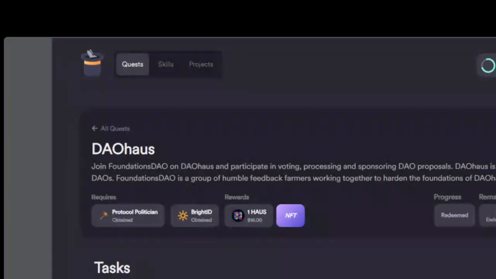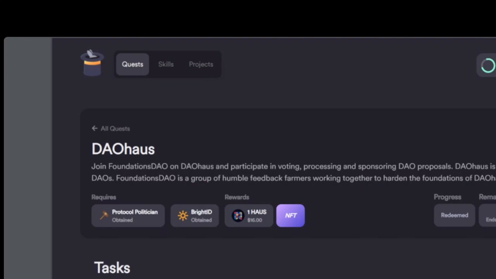This quest is joining a DAO on DAO House, which is a no-code platform for Moloch DAOs. And you would go through and complete these tasks. Go to their website, create proposals, vote, and then redeem this quest and receive both a token reward and an NFT reward for doing so.